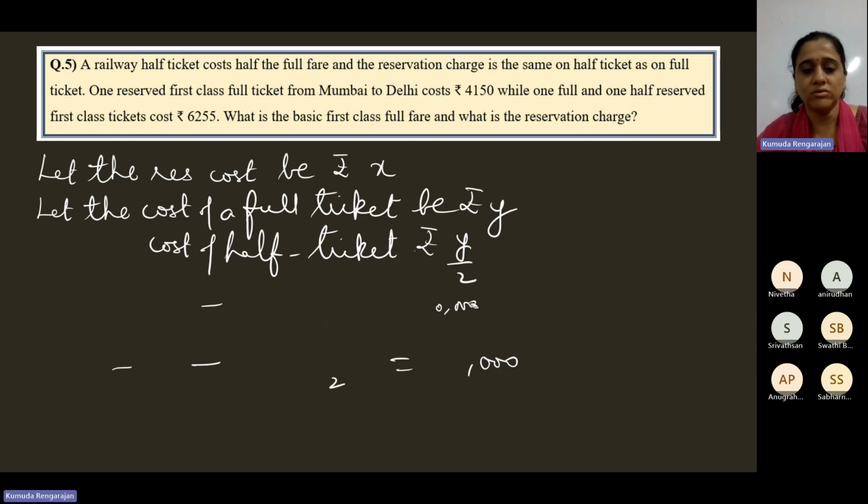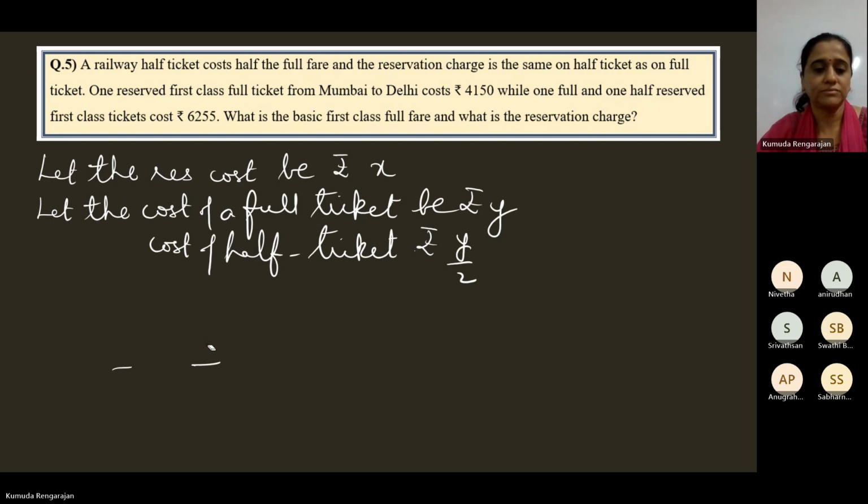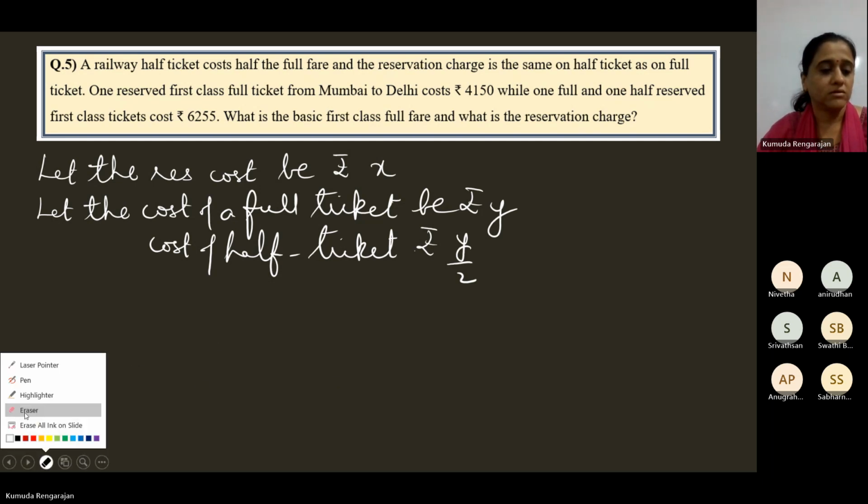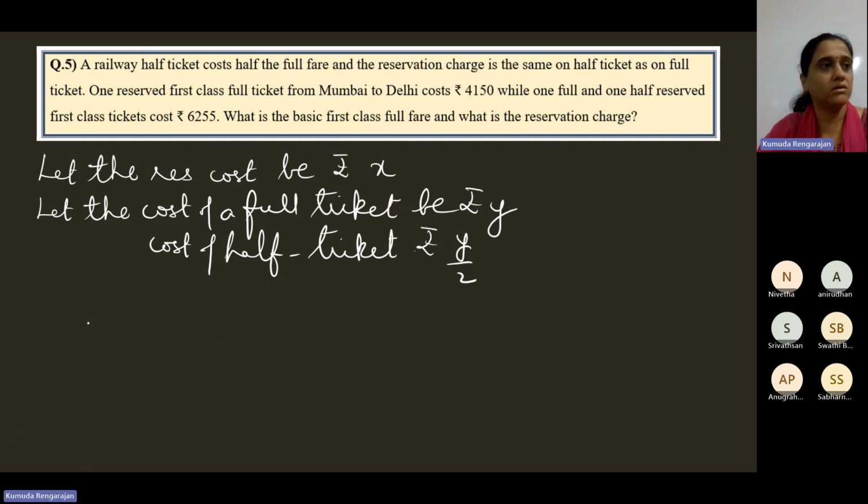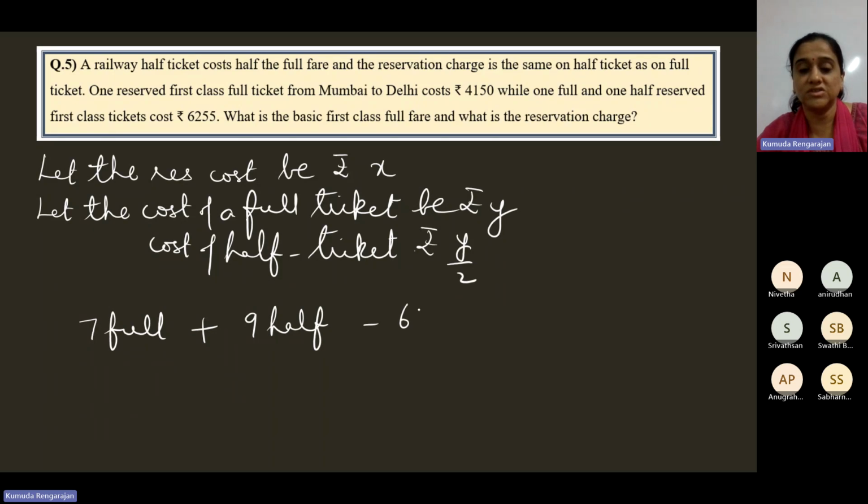Let's just do one more. Supposing you have to book 7 full tickets and 9 half tickets, and the total cost is, say, 63,000. What is the total expenditure? For booking 1 full ticket, reservation charge X plus ticket cost Y for an adult.